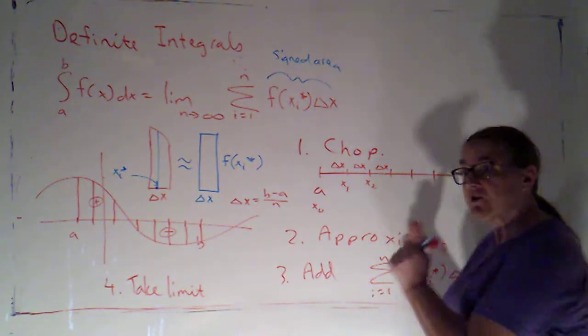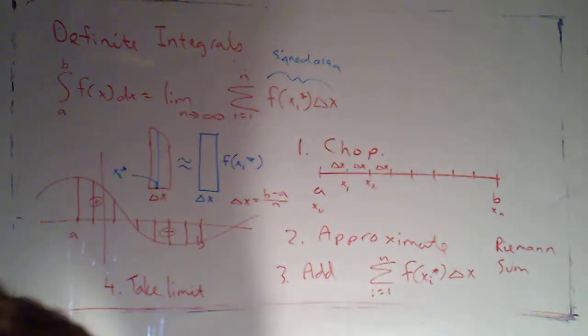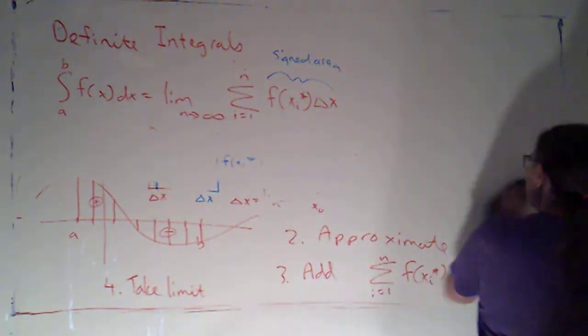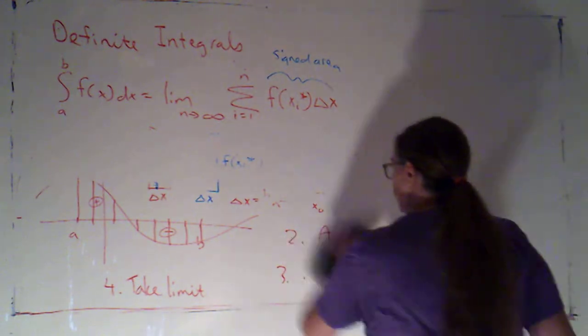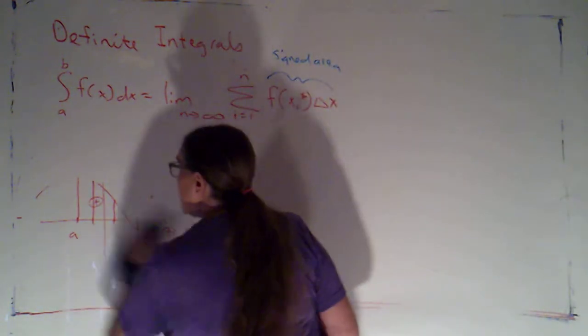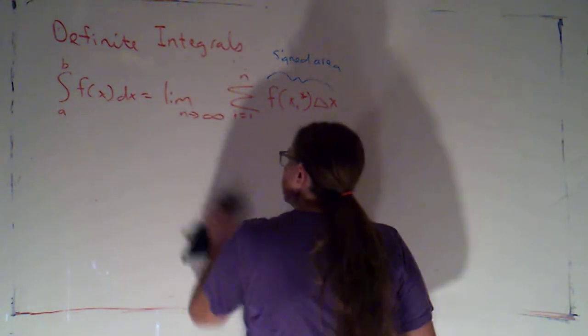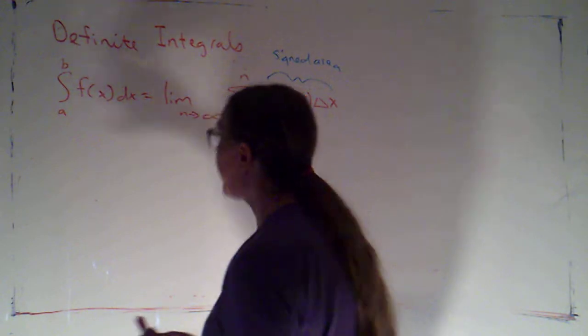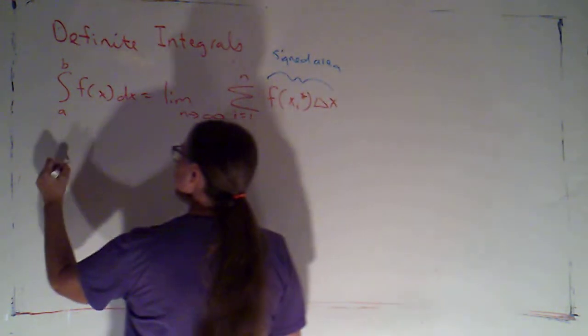Okay, so that is a very quick review of how we define definite integrals. So they're the limits of these Riemann sums. So what I want to do now is say, does it make sense to generalize that to a vector function?